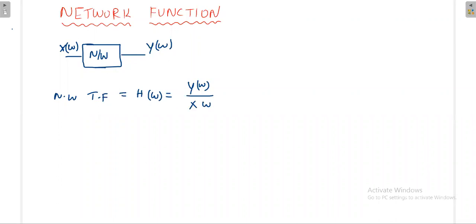The same thing we can also write as h of s equal to y of s divided by x of s. The Laplace transform of the output divided by the Laplace transform of the input gives you h of s. Then if you substitute s equal to j omega, we get this transfer function. Again, depending on what we are observing at the output and what we are giving at the input, there are four different definitions possible.